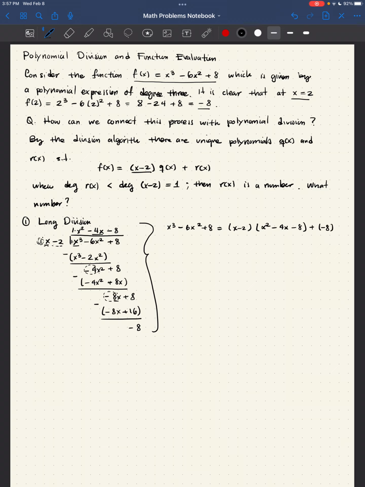Because what we're doing here is multiplying this quotient times this, and adding this portion should give us back the original polynomial.